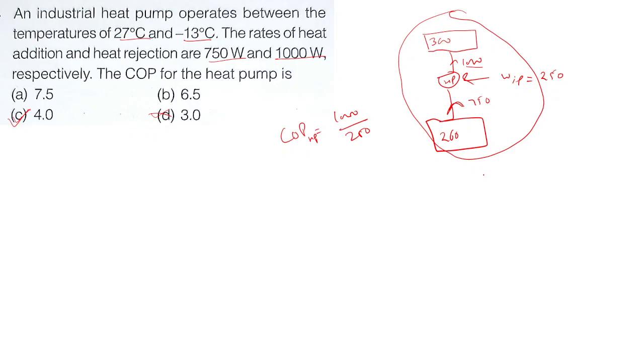Second law efficiency means comparing with, like, the Carnot efficiency, like with what we are actually getting and what is the maximum possible. This is the relative or second law efficiency. Okay.